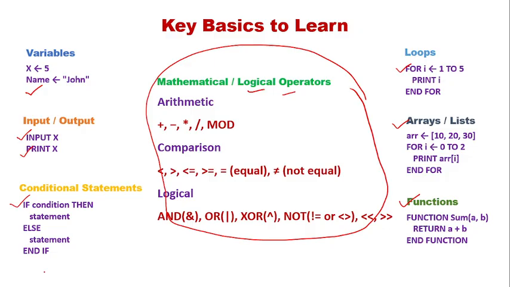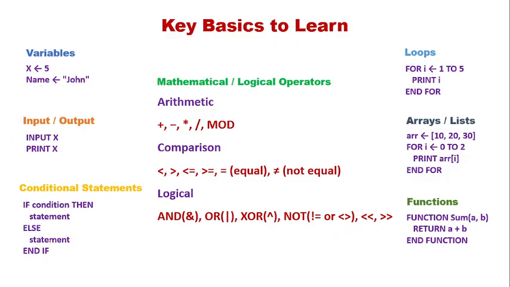Okay, pseudocode, in a single line, you can say it is the logic about your program. Before writing the program, I will write some logic, how to write it step by step for my code. That is nothing but your pseudocode.